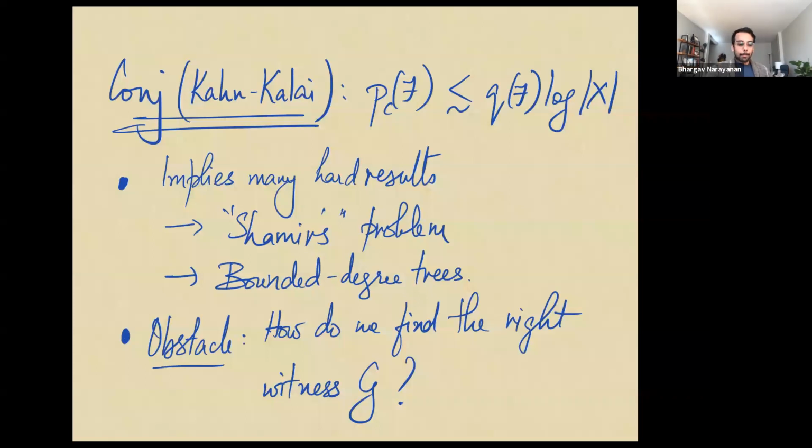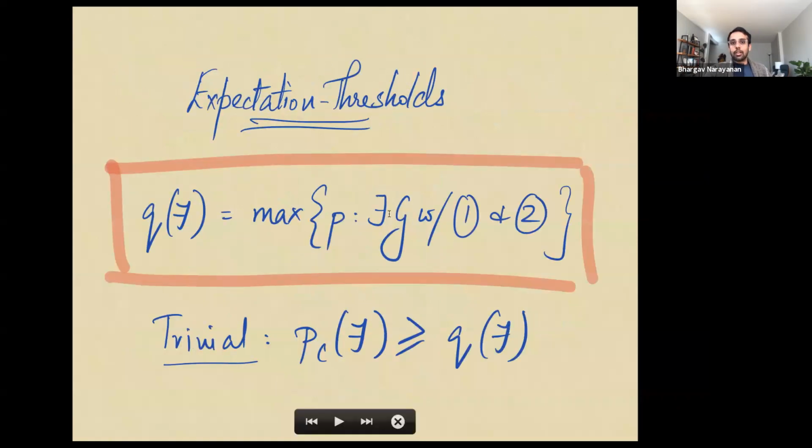All right. With that said, let me also philosophize a little bit and say something about why the conjecture is hard. One really big sticking point with the conjecture is that the expectation threshold is defined by quantifying over all possible witnesses.